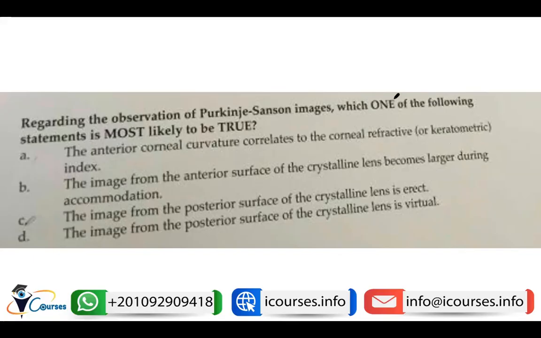Are you sure? I have just said that in the previous questions. I mentioned that the posterior surface of the crystalline lens is the only exception because it has a concave mirror effect, giving a real image, not a virtual image.